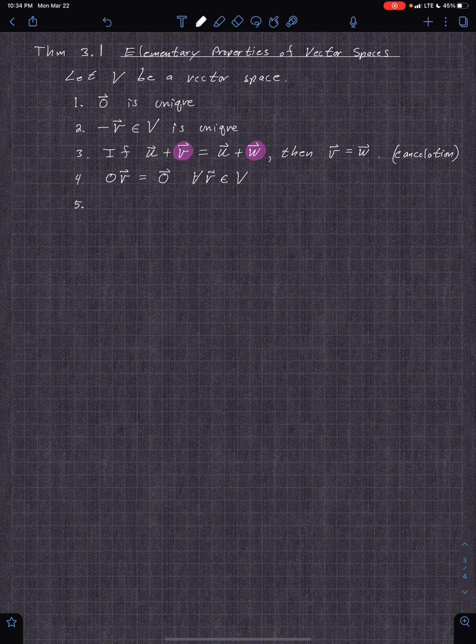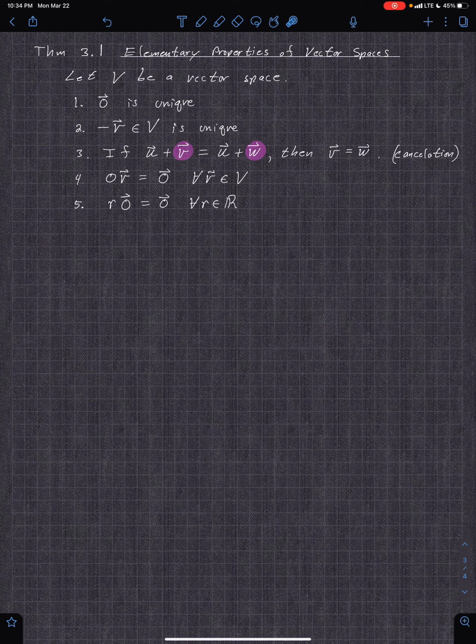5, R times the zero vector remains the zero vector, and that's true for all R in the reals. So this is referring to basically anything times 0 is 0. But again, we can't just assume that or use other properties.